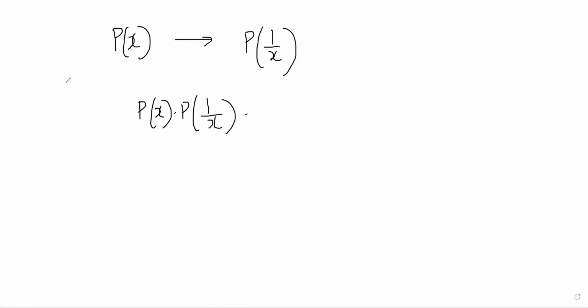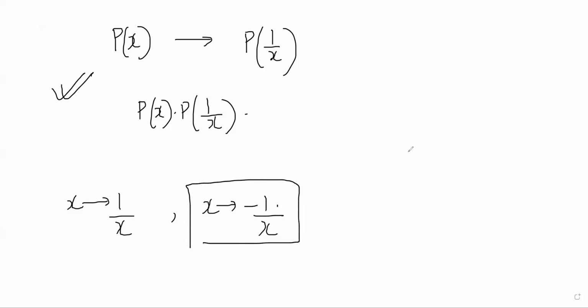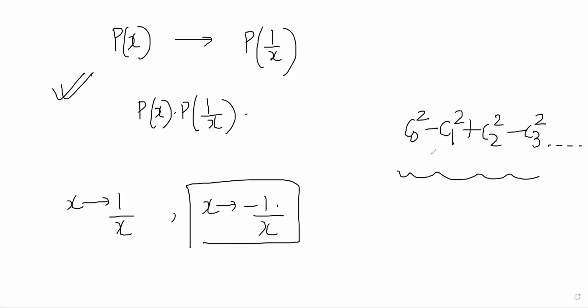The only difference between that question and this Korean Olympiad question was, instead of x going to 1 by x, we have to do x going to minus 1 by x in order to get the negative signs, right? We needed c0 square minus c1 square plus c2 square minus c3 square and so on. If I had to do c0 square plus c1 square, I would have done simply x goes to 1 by x, right? So I hope you understand the technique by which we are finding the sum of squares of coefficients of polynomials.